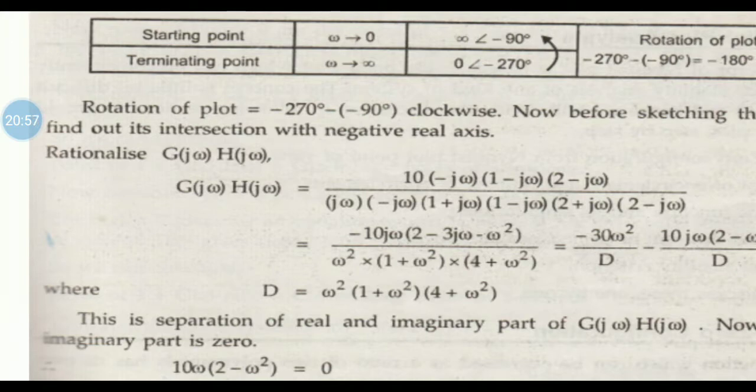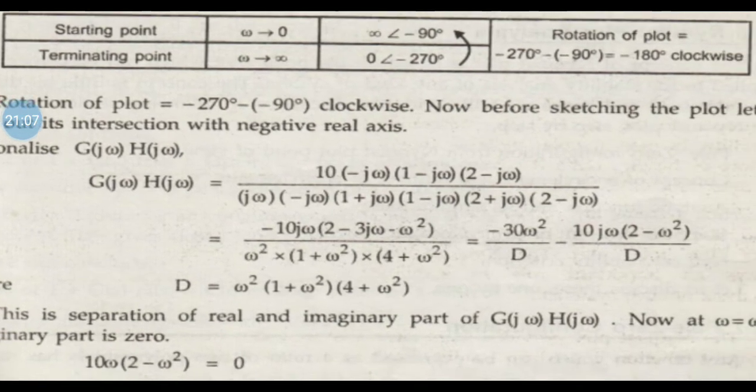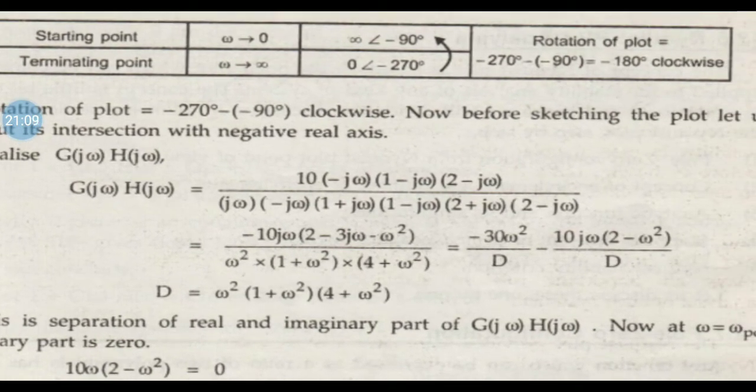So this will become equal to minus 10 j omega, times 2 minus 3 j omega minus omega square, divided by omega square into 1 plus omega square into 4 plus omega square. This will come as minus 30 omega square by D, where D represents the denominator, minus 10 j omega into 2 minus omega square by D. So what is that D? D is omega square into 1 plus omega square into 4 plus omega square.